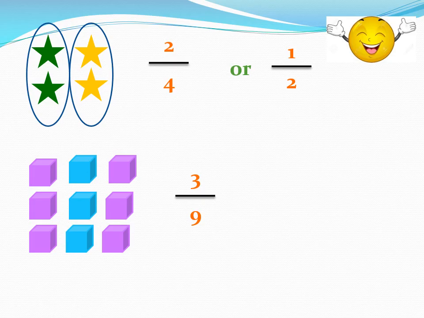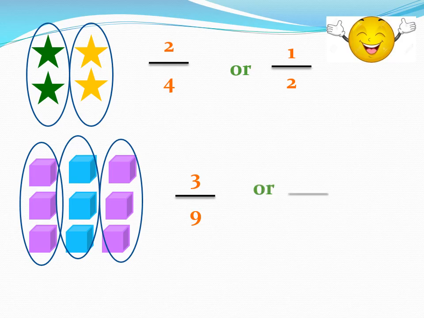If I want to write this fraction another way, the first step, I will divide this group into 3 equal groups. Each group has 3 cubes, like this. 1, 2, 3. Now to write a fraction, under the line, I will write the total of groups.